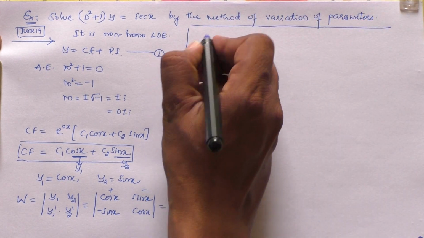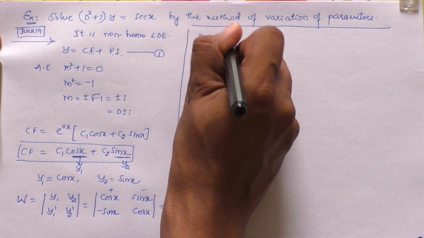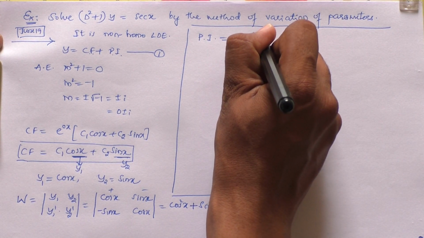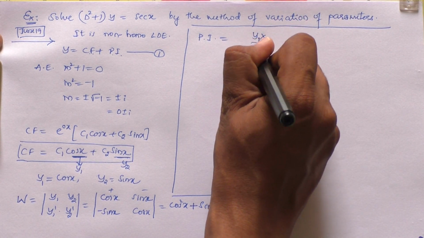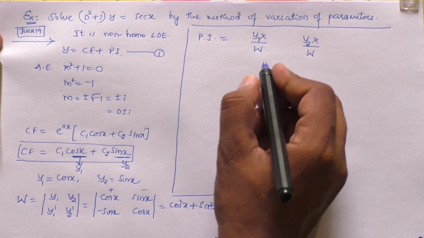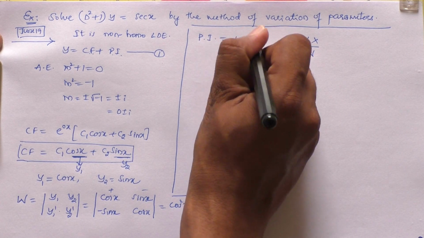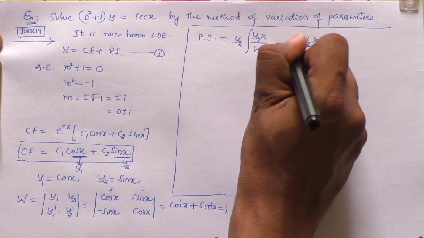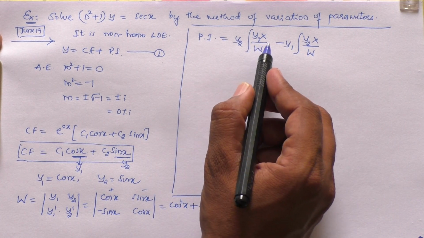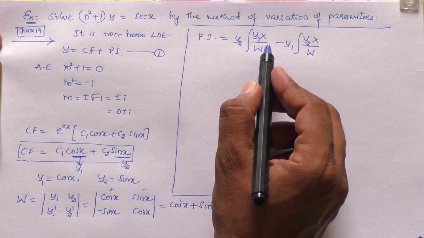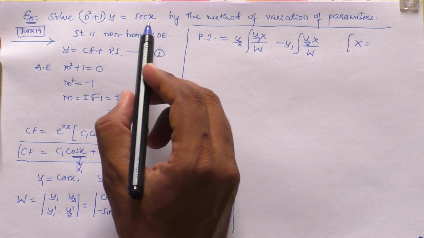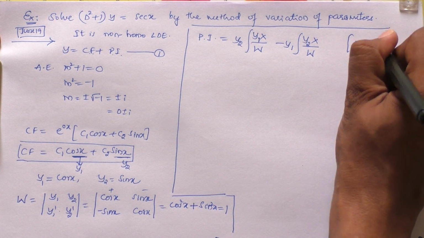We know that in the method of variation of parameters PI has two terms: y1 X by W is one term and y2 X by W is the other. The first term is multiplied by y2 and the second term by minus y1. Now substitute y1, y2, W and capital X, which in this problem is sec x.